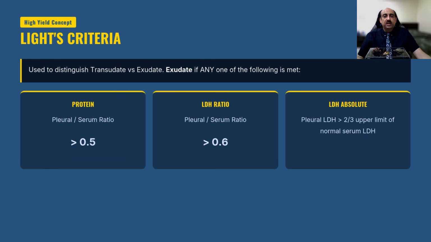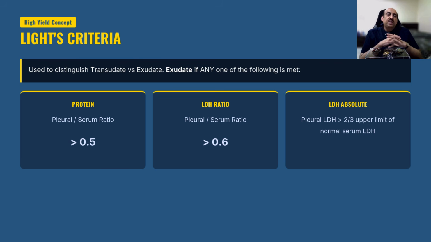In addition to the criteria for empyema, let's just quickly look at the high yield concept of Light's criteria, which is to distinguish between exudative and transudative pleural effusions. As we know, exudative will be if there is a high content of protein.